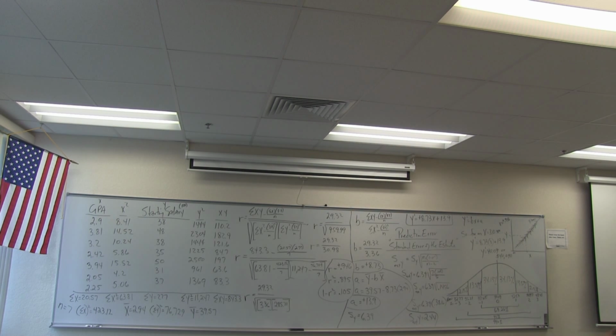What this is telling us is that we're almost absolutely certain that a kid graduating with a 3.0 GPA, based on this information, will start out earning between $32,770 and $47,410.